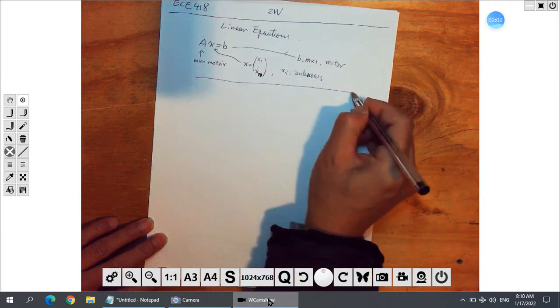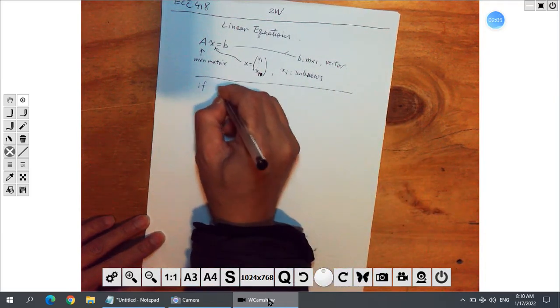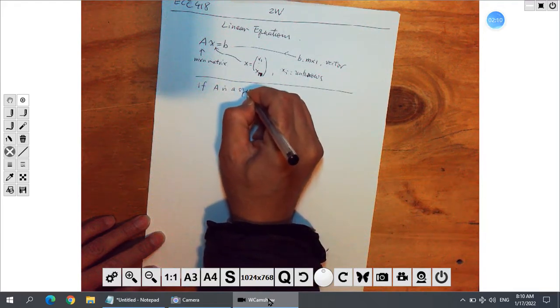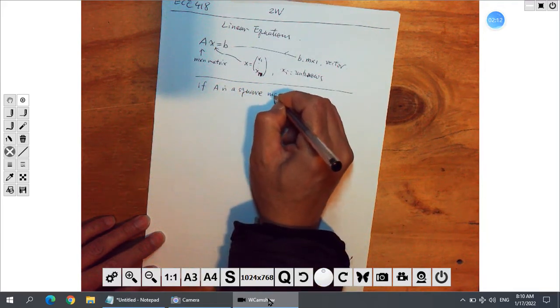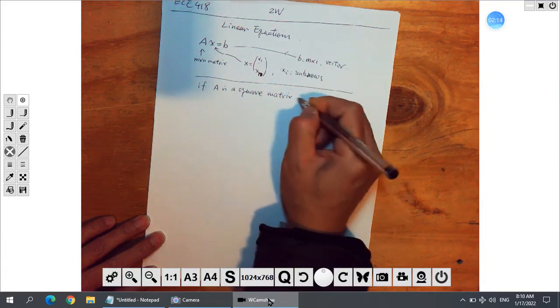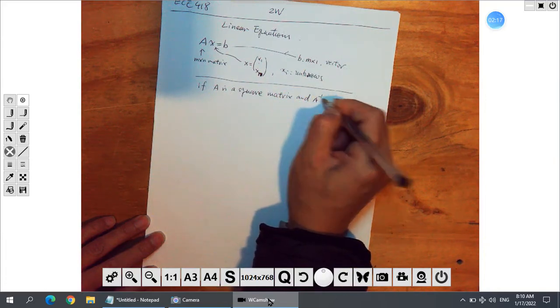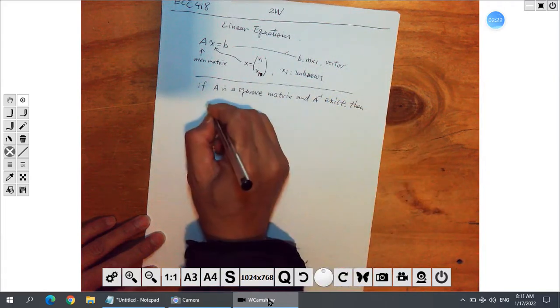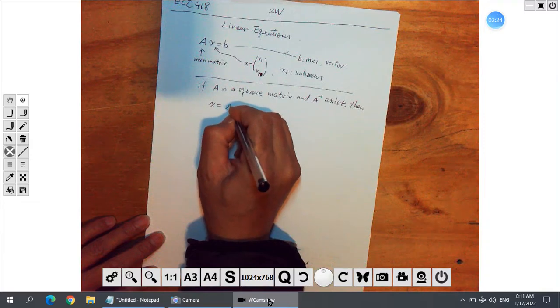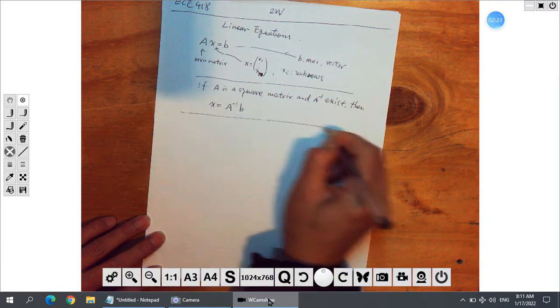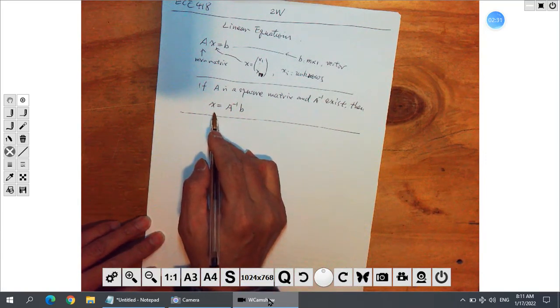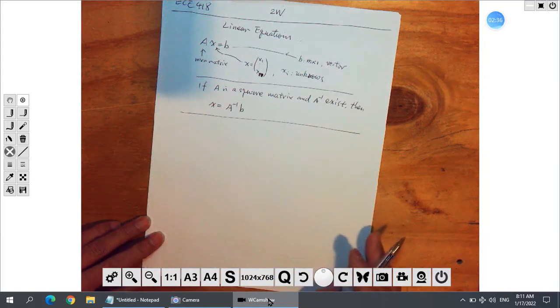And we know one kind of solution. If A is a square matrix and A inverse exists, then X equals A inverse times B. This is a result we know from a long time ago, a very classical result.